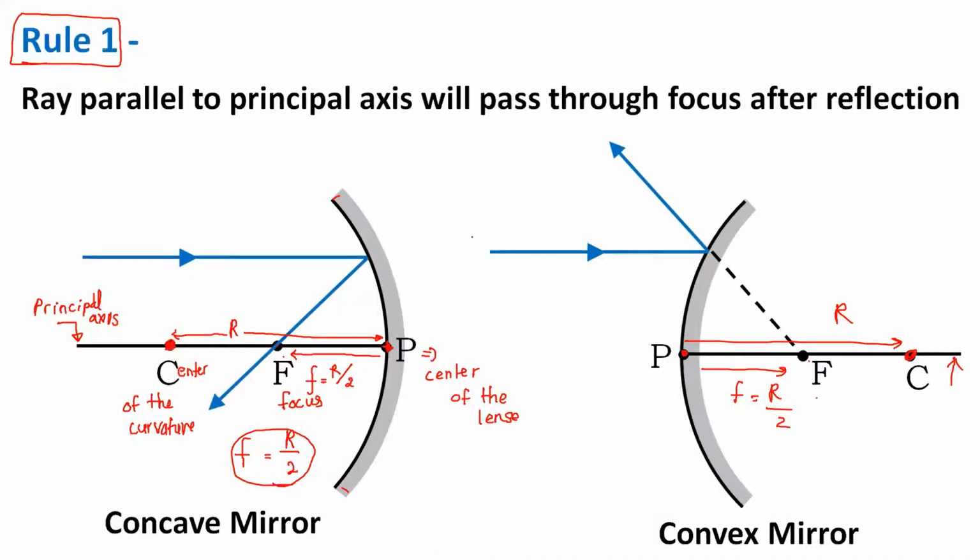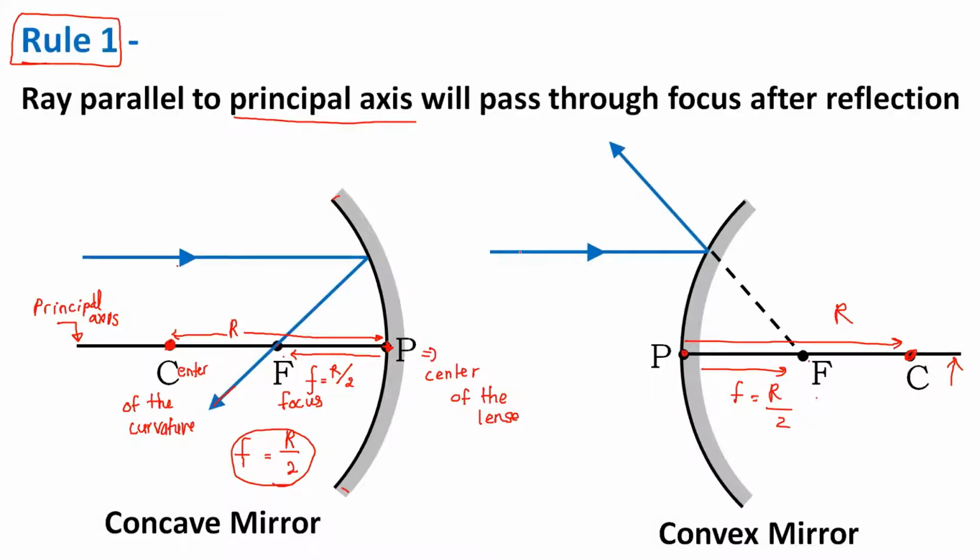The first one: any ray which is parallel to the principal axis will go through the focal point, or will go through F. I think you all have learned all of this in the lecture. So this is true for any of it.